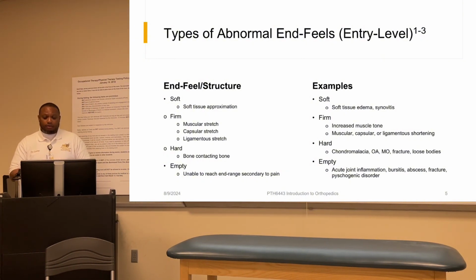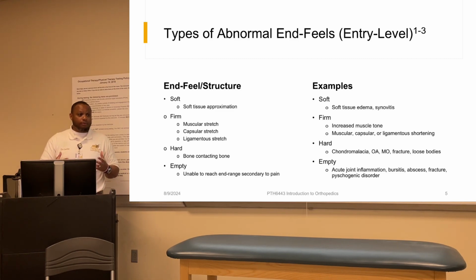Soft tissue edema, again, I treat patients with lymphedema and they are extremely swollen. If I treat someone with lymphedema of the upper extremities and I go through wrist flexion and they're swollen in the hands and the distal forearm, they could likely present with an abnormal soft tissue end-feel because it's not supposed to be soft.